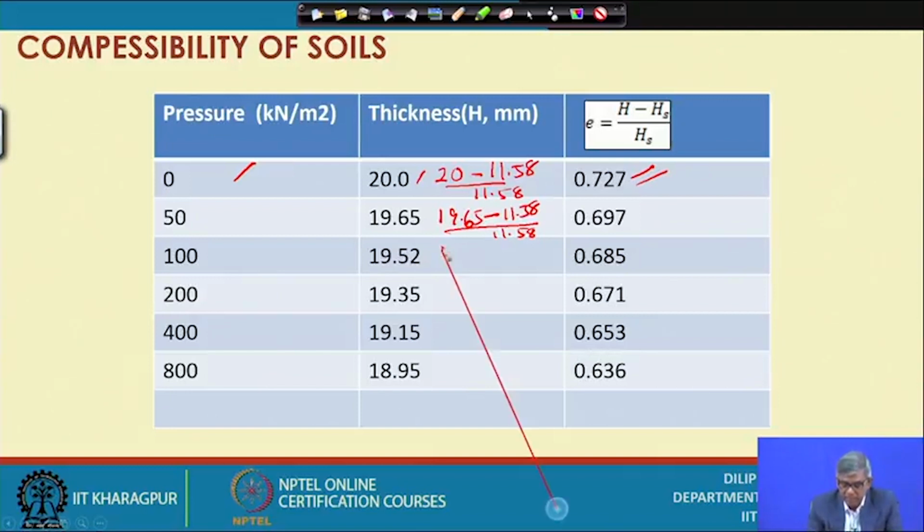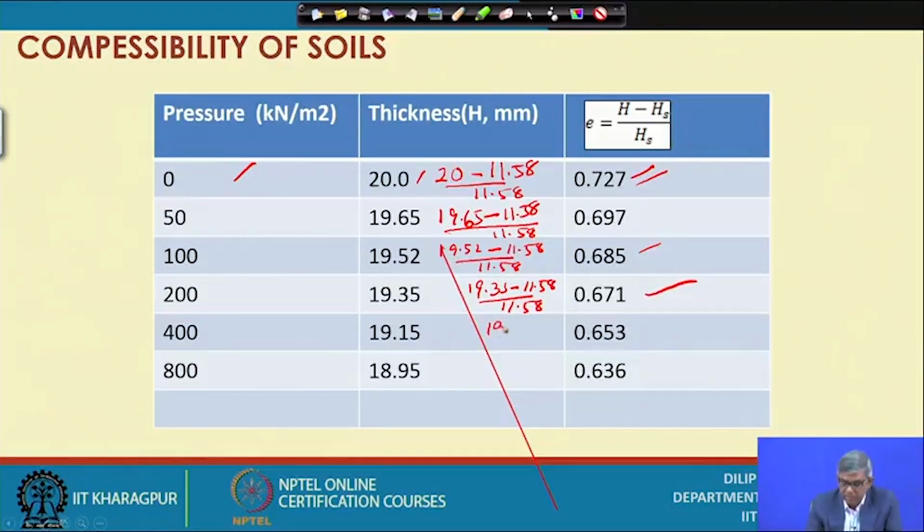Similarly, here 19.52 minus 11.58 divided by 11.58, there also you will get this value. Similarly, here 19.35 minus 11.58 divided by 11.58, we will get this value.